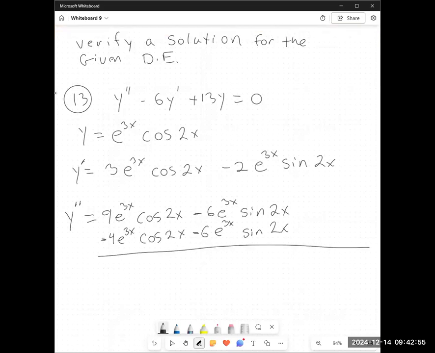Add those pieces together. Get 5e to the 3x cosine of 2x and a negative 12e to the 3x sine 2x. That's just for our second derivative. So let's come in now here, and we need our second derivative.